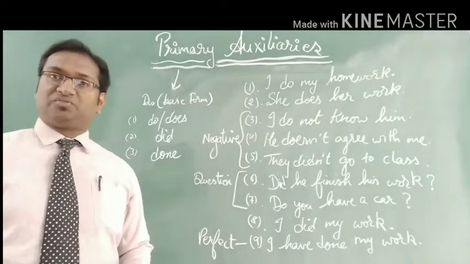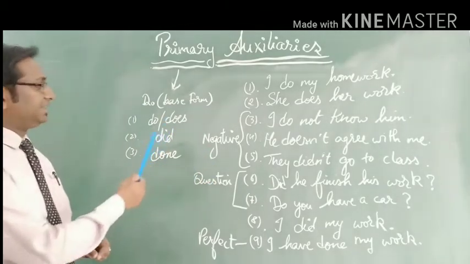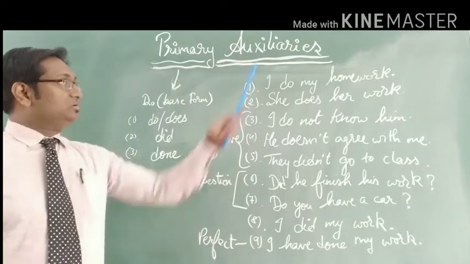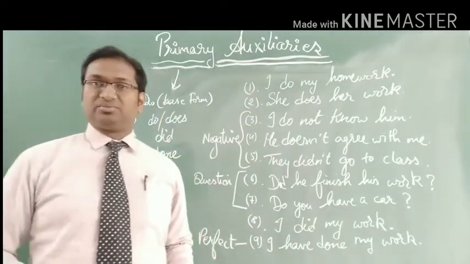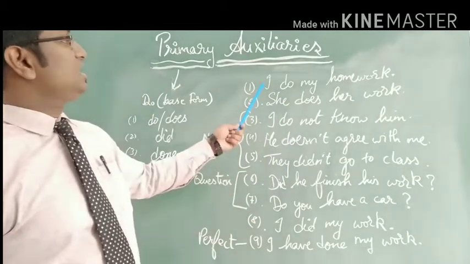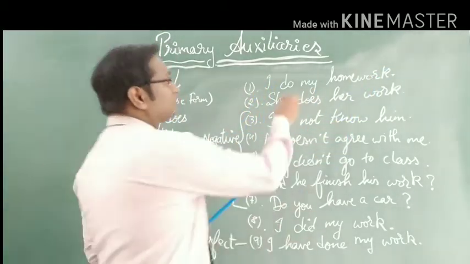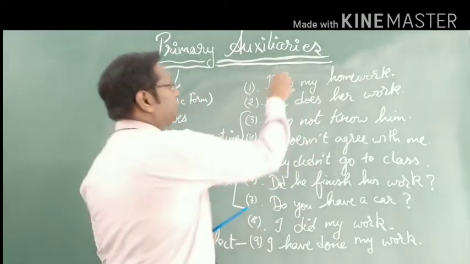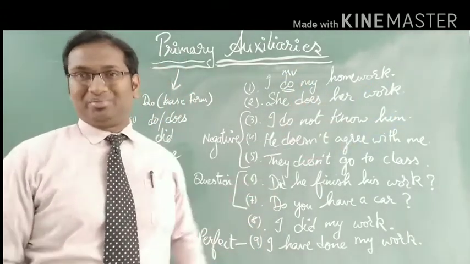Now the last base form in primary auxiliary is do, and we have first, second and third form like do, does, did and done. Now all these examples are related to these forms of verbs. Let's see one by one. First, I do my homework. Now over here, do plays the role of main verb, because we don't have any other verb.